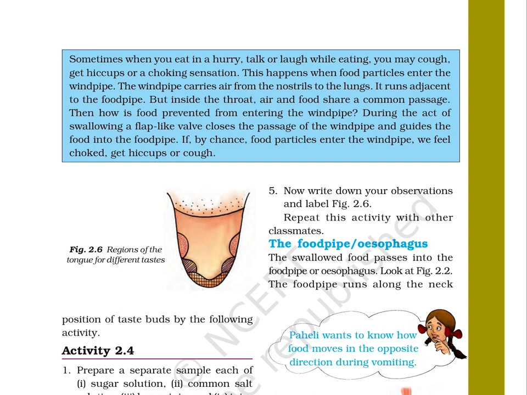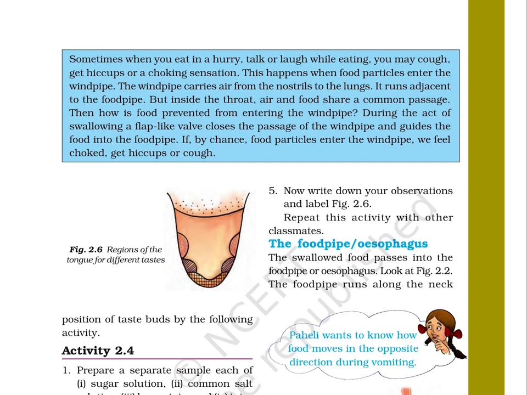Then, how is food prevented from entering the windpipe? During the act of swallowing, a flap-like valve closes the passage of the windpipe and guides the food into the food pipe. If by chance food particles enter the windpipe, we feel choked, get hiccups, or cough.